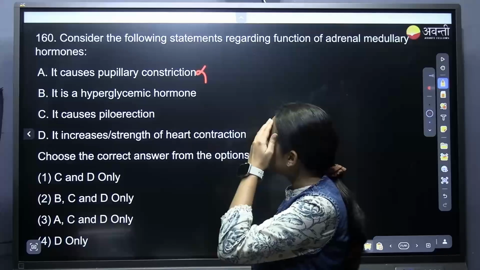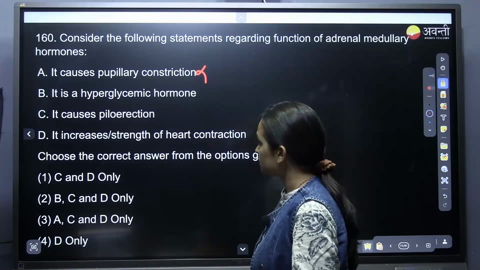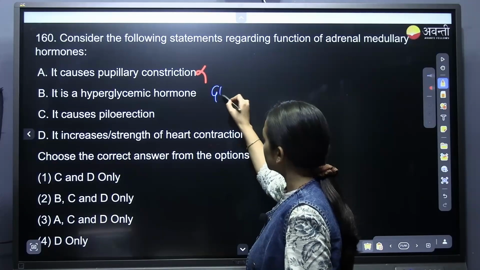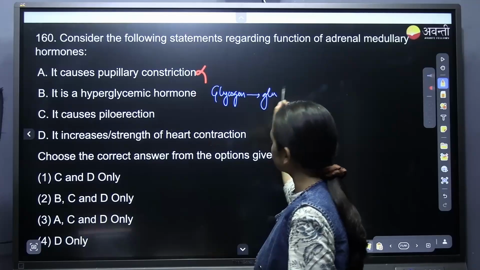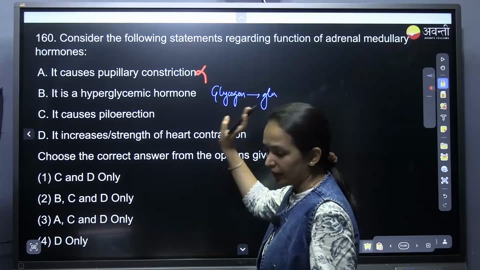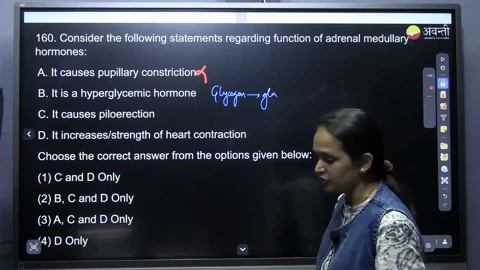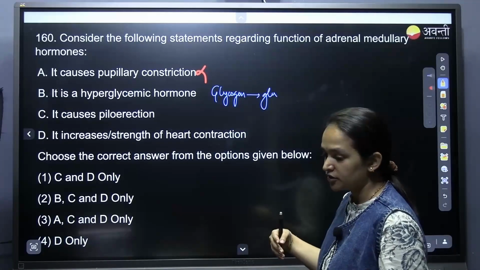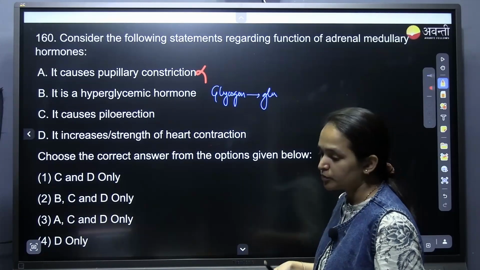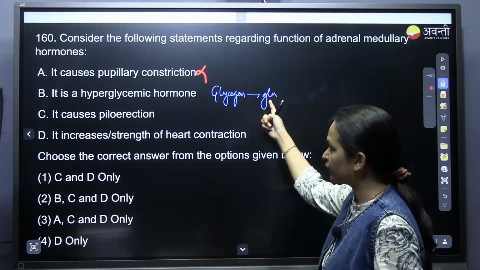It is a hyperglycemic hormone, which means it converts glycogen to glucose. Is it correct? Why? Because in an emergency, fight or flight situation, you need more energy, isn't it? For ATP you need glucose, breakdown of glucose.